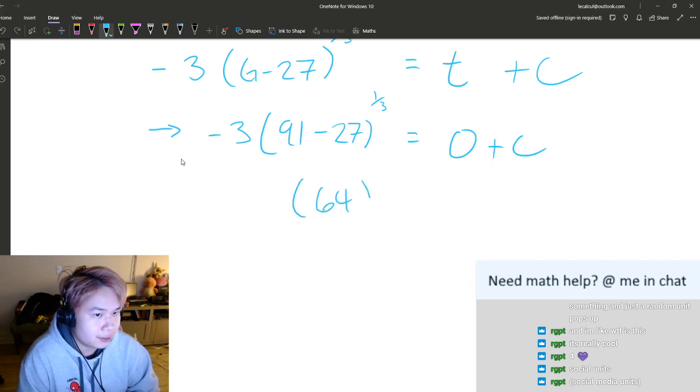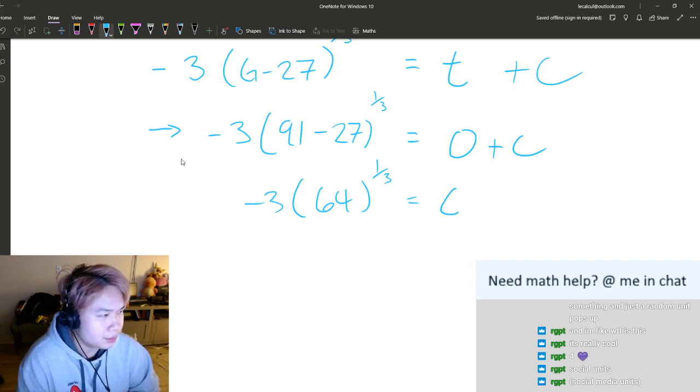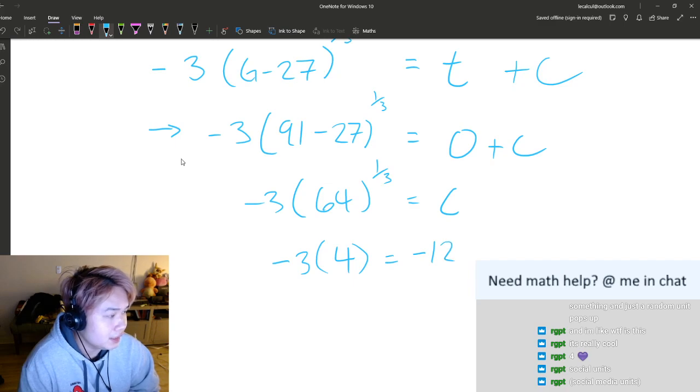So this was 64, right? And the cube root of 64 is 4? So C is -12.